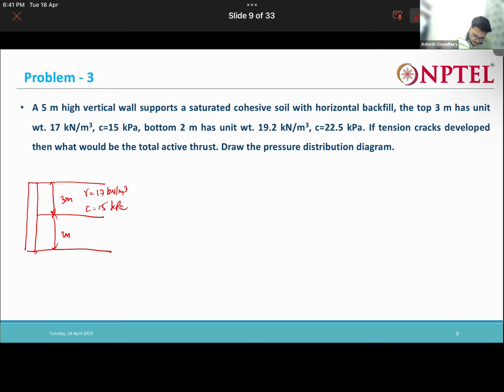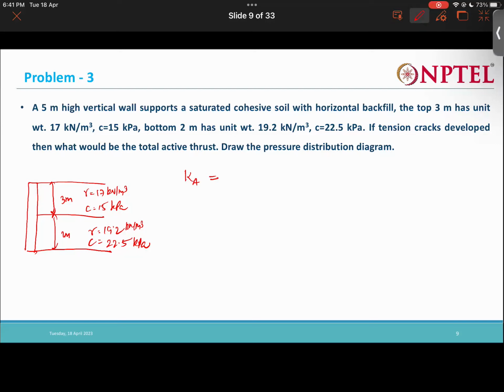So what will be my K? K is 1 minus sin phi by 1 plus sin phi. Phi is 0. So what is K? 1. So for both the layers, my K is 1.